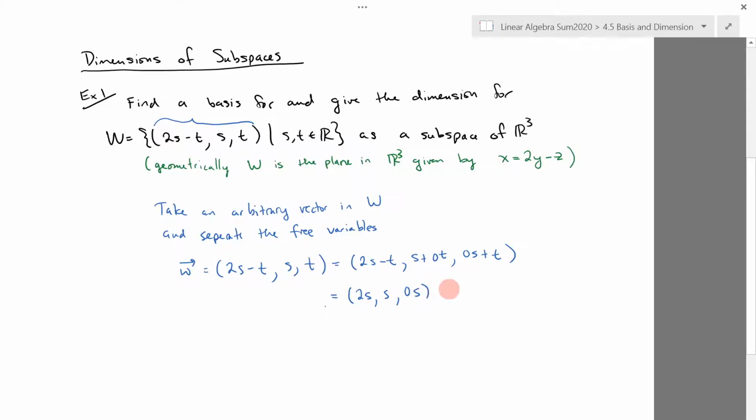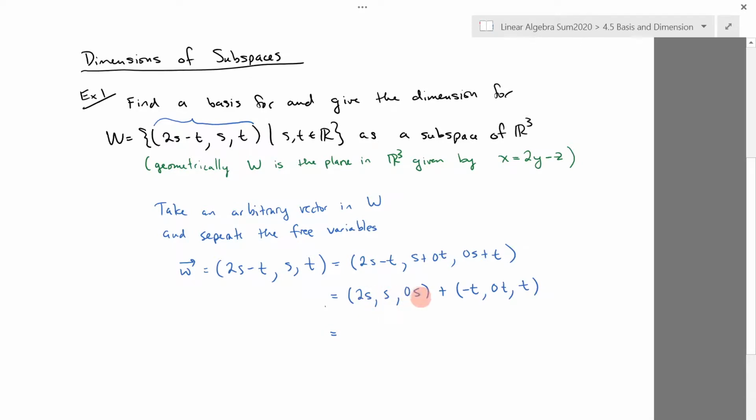And then writing it with the t's, right? So minus t in the first component, 0t in the second component, and t in the third component. If you recombine these two vectors using vector addition, you get exactly this, right? So really I'm just separating this vector into two separate vectors.